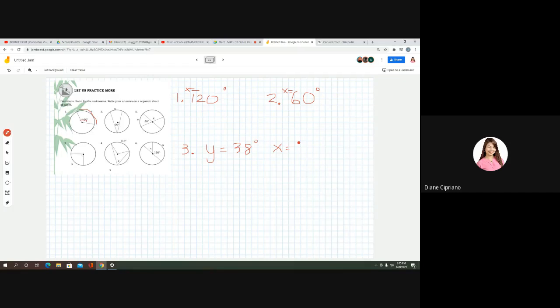What is the value of a semicircle? 180 degrees. So what you need to do, Angel? Plus 36 or minus 36? Minus po. Okay, so what is the answer, Biel? 142 degrees po.